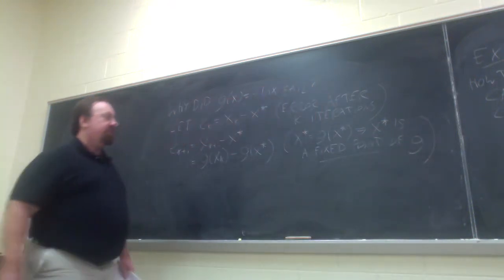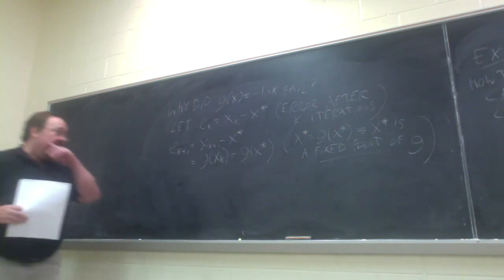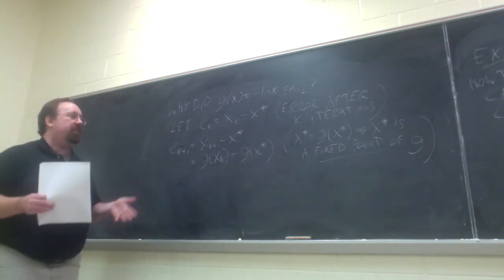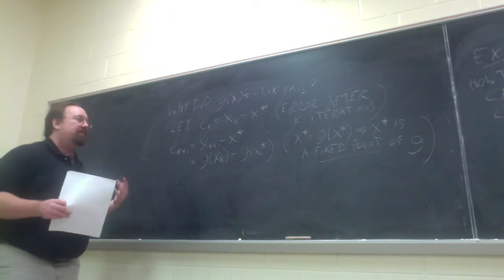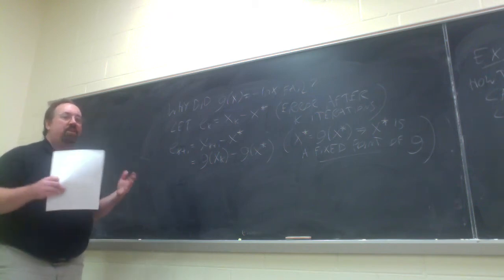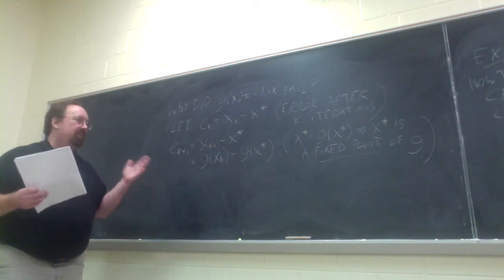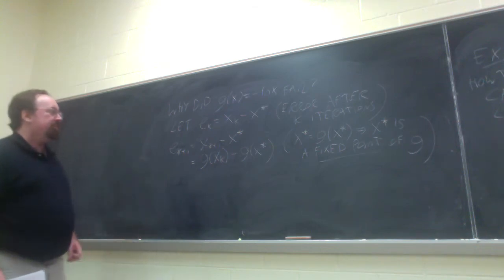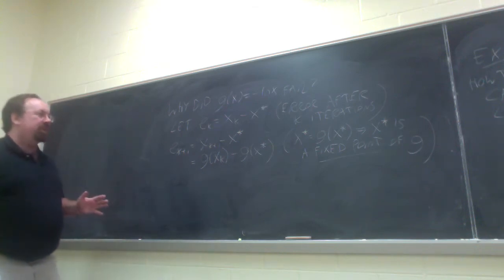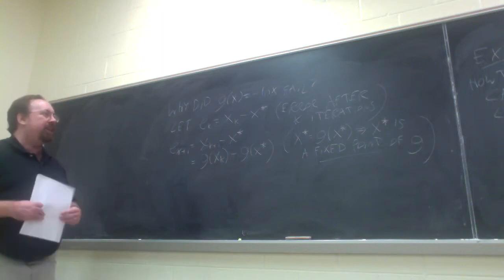That's a general term used for this situation, where you plug the x value into a function and you get the same x value out. It's also called a stationary point or an equilibrium point. In my other class, 605, we'd give this term like 4 or 5 names. It's ridiculous, but I'll just refer to it as a fixed point here. And this is where fixed point iteration gets its name.